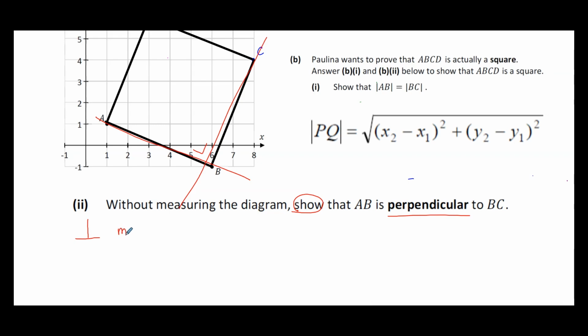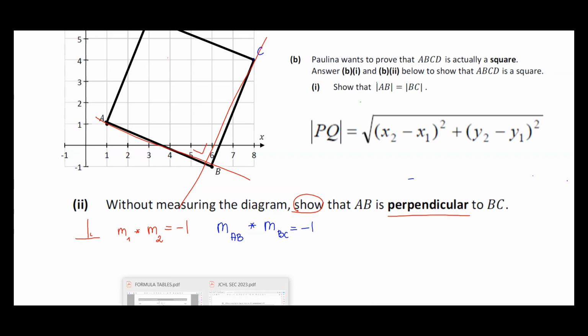The slope of one line multiplied by the slope of the other line should give us -1 when we are looking at perpendicular lines, meaning those lines that meet each other at 90 degrees. In our case, the slope of line AB multiplied by the slope of BC should give us -1, and that will be a proof that they are perpendicular lines.